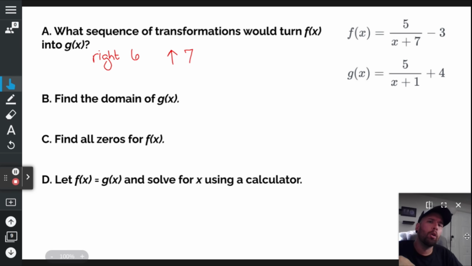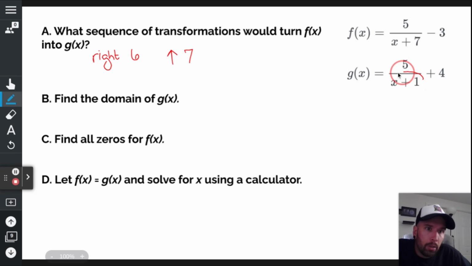All right, find the domain of g of x. The domain of g of x is what x values am I not allowed to use? Well, I have a fraction, and in my fraction the denominator is x plus 1. I'm not allowed to plug in -1 because that would make the whole thing undefined.